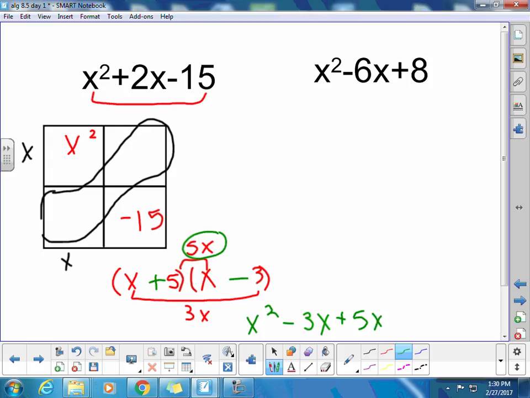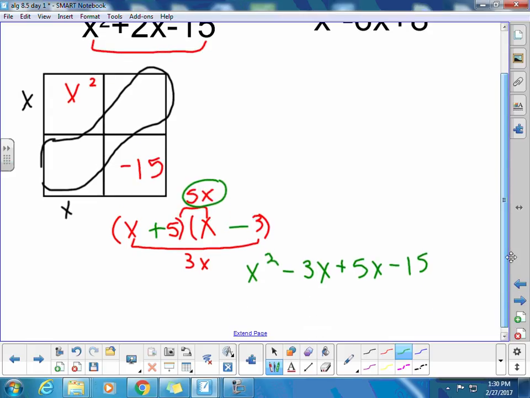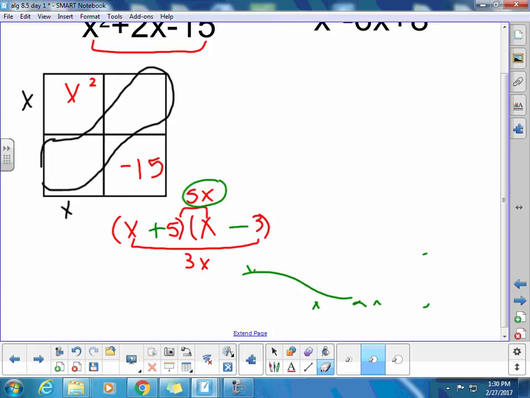And last times last, 5 times negative 3, which is negative 15. And when we combine our like terms in the middle, we have x squared plus 2x minus 15, which is what we started with, and where we just double check to make sure we have the right answer. So those are our factors, x plus 5 and x minus 3.